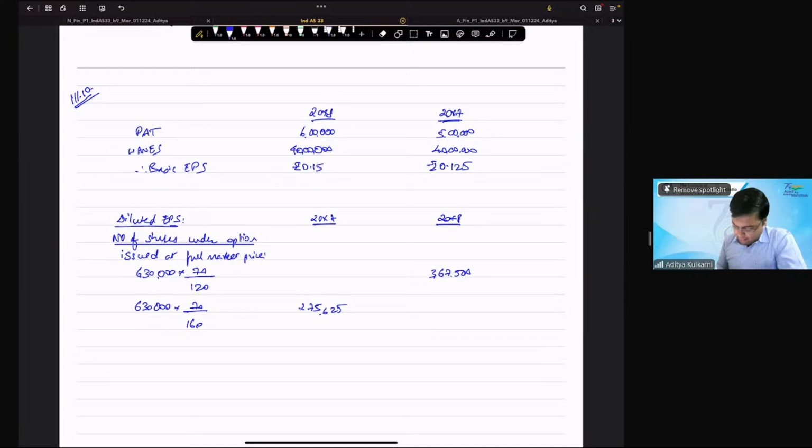2,75,625. Bonus element, total options issued. Excuse me, sir, I think you've written the 2008, sorry, 20. Oh, it got switched up and down? Yes, sir.